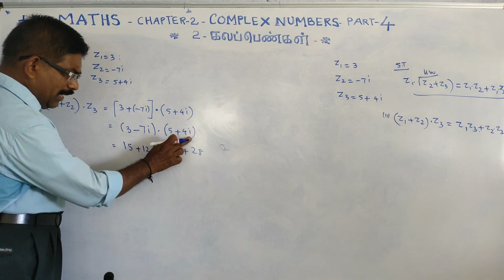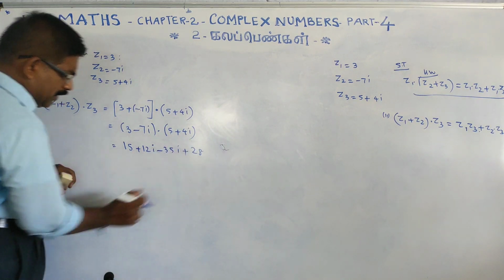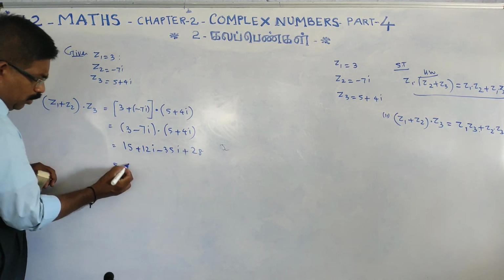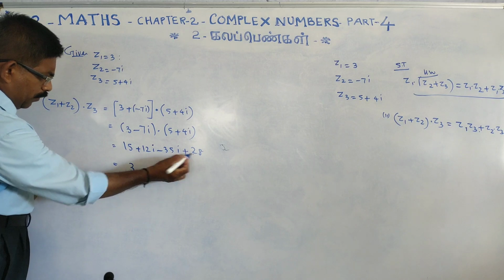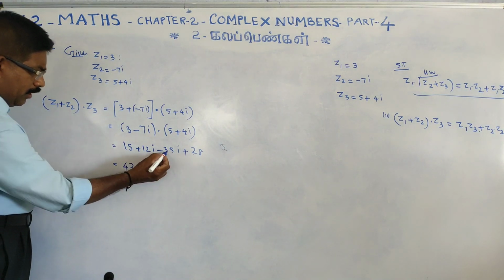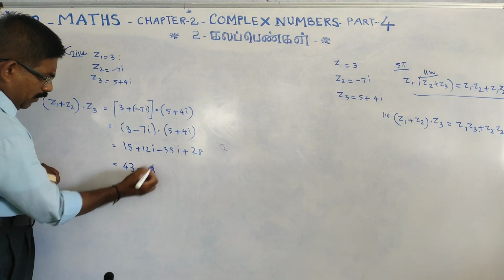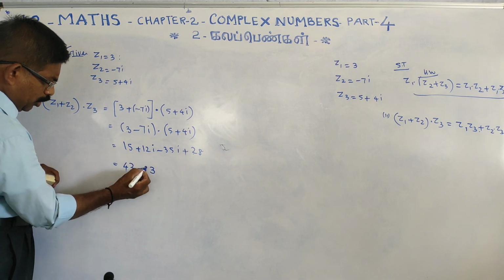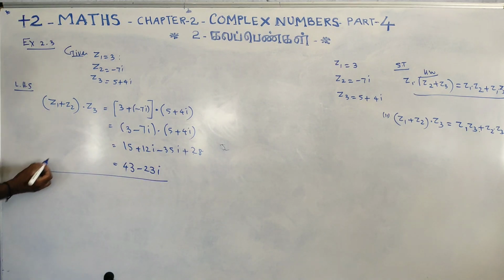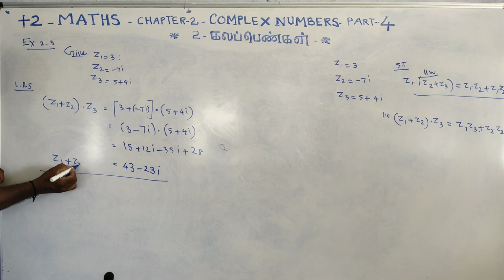I into I means I square, minus into minus is plus. This is left hand side, (Z1 plus Z2) into Z3.